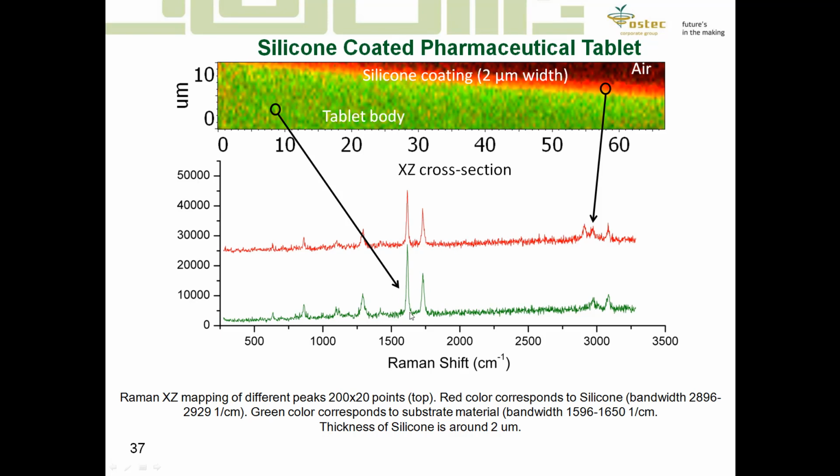The tablet body has all the peaks, which are green color; they are also present in the red spectrum because the coating is highly transparent.